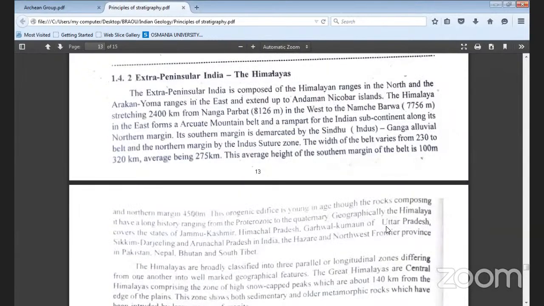Next is Extra Peninsular India. Extra Peninsular India is composed mainly of the Himalayan ranges, which are located in the northern part of India.